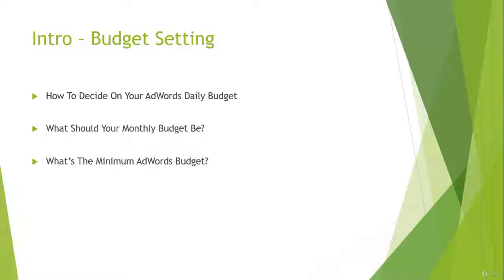Some people think Google has set a rule that you should have a minimum amount that you should spend in your campaign. So we'll look at that, and we will look at what a good budget is for a small business that's running a few ads and keywords and so on. So those are the main features and benefits that we're going to be looking at in this section.